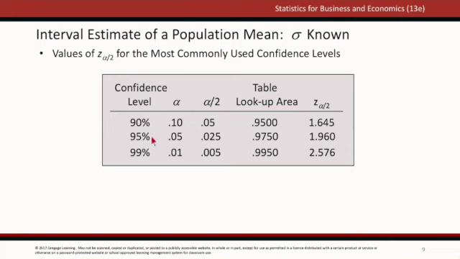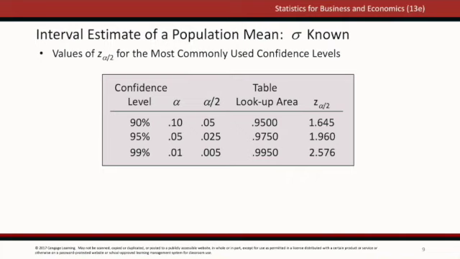If the confidence level is 95% or 1 minus alpha, then alpha is 5%, the area left on the tails is 2.5% each tail, and then the value that you need to look up in order to calculate the C-score is 0.975 or 97.5%, and this is the value.